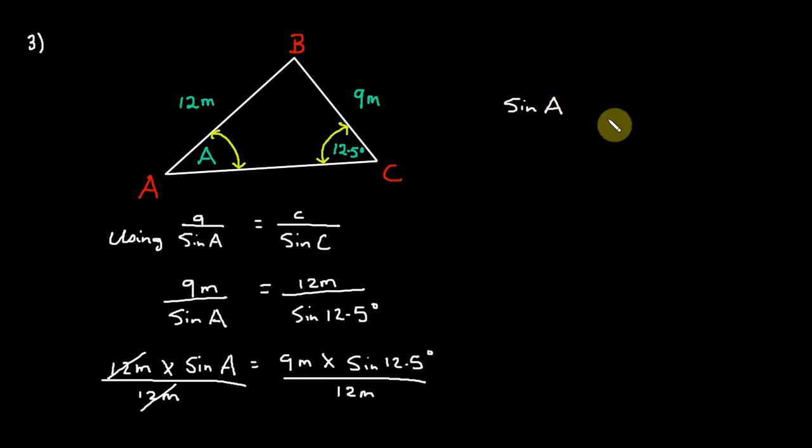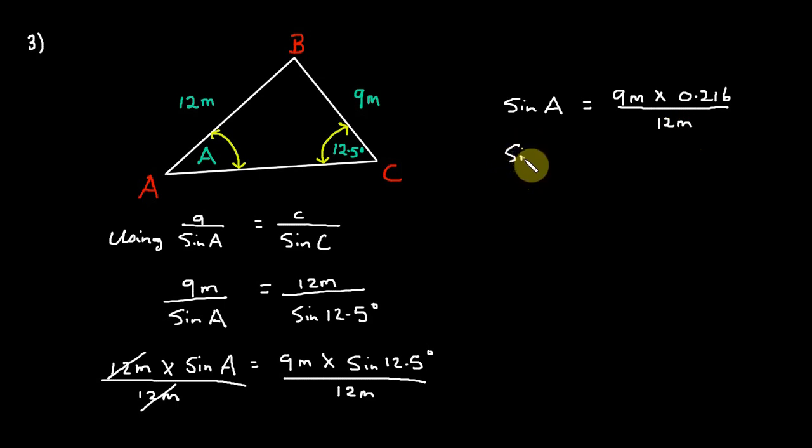Sine A, and we wish to find A, is equal to 9 meters multiplied by sine 12.5. Sine 12.5 is 0.216, divided by 12 meters.